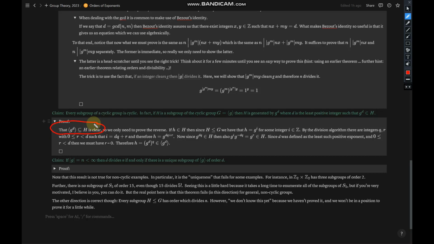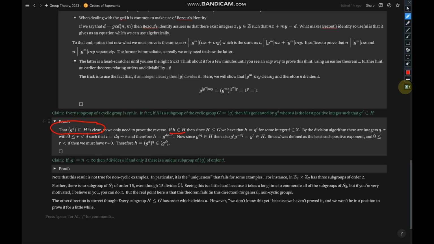So for the reverse inclusion, let's start by taking an element out of H, call it little h. Now, G, as we said, is cyclic and generated by little g, so h must equal some exponent of little g. Call the exponent i, such that g to the i is h.